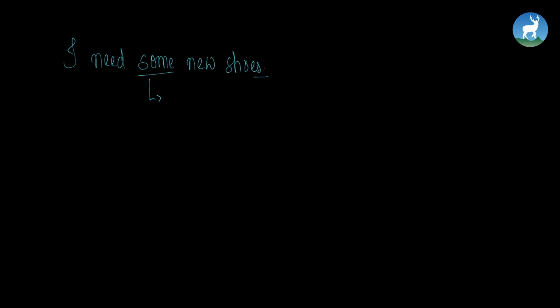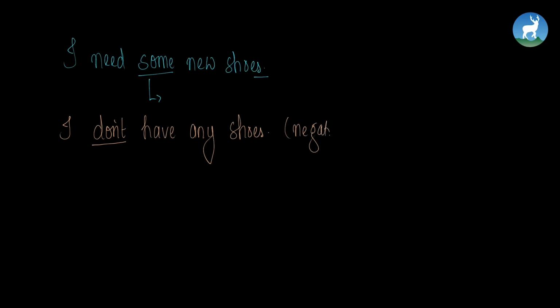Now let's write another sentence. I don't have any shoes. Now see here. Here's a negative word, don't. This sentence is a negative sentence, correct? Because here we can see a use of negative word don't. So we used any with the negative word, right?